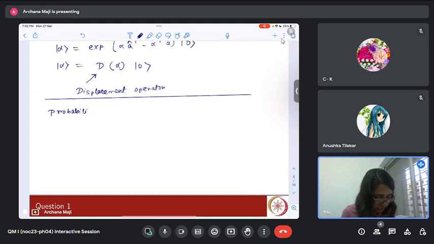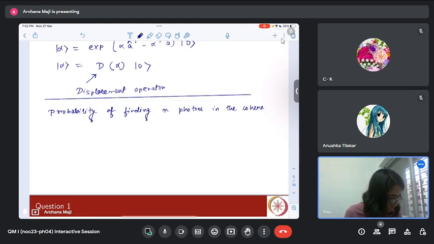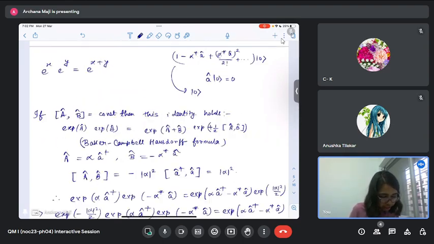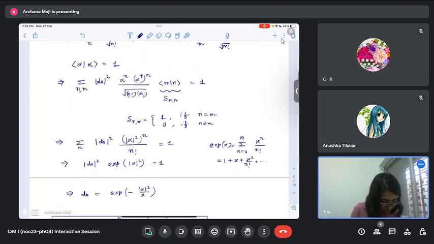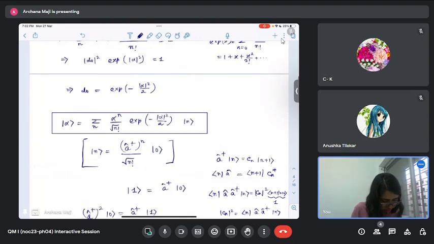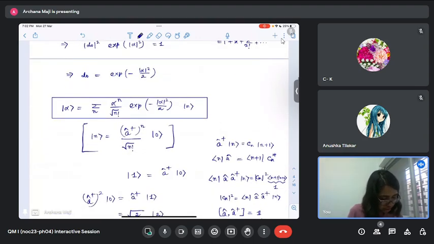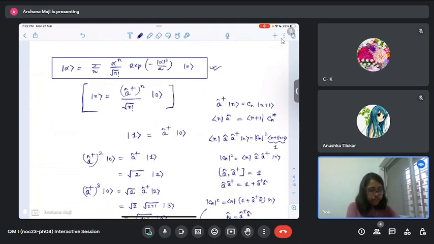So I wanted to talk about the probability. What is the probability of finding n photons in the coherent state? So you are in the coherent state and then you want to find out what is the probability of finding n photons. Okay, so let's use this particular definition of the coherent state.